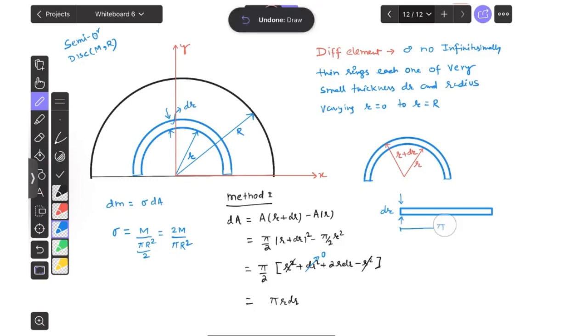So we have a rectangle whose width is dr and length is pi r. The area of such a rectangle will be L into B, that is pi r dr. This is method 2, but this I also will not suggest.